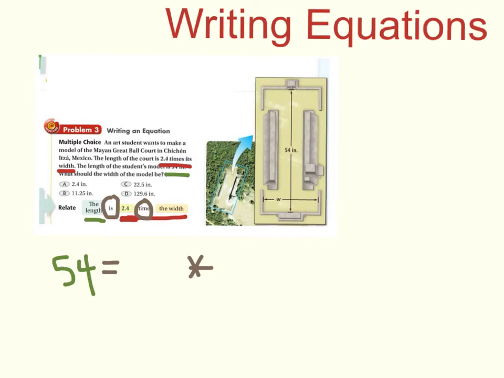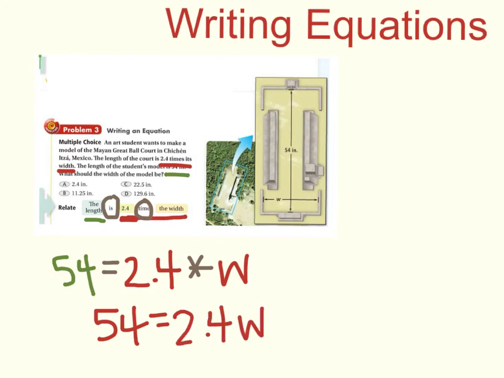So 54 is, and we're just going left to right, 2.4 times the width. And the width is what we're trying to find. That's our unknown, so that's going to be just W. Another way you could write this is 54 equals 2.4 W. That way you just look smarter. It's still the same thing.